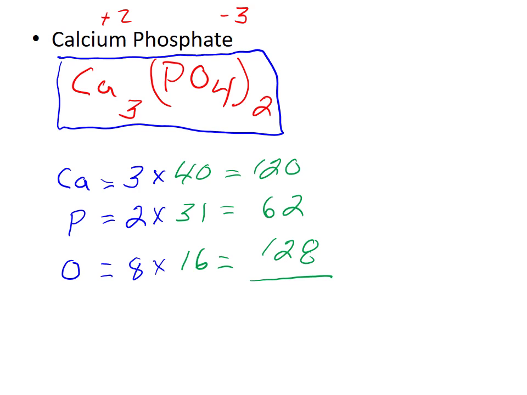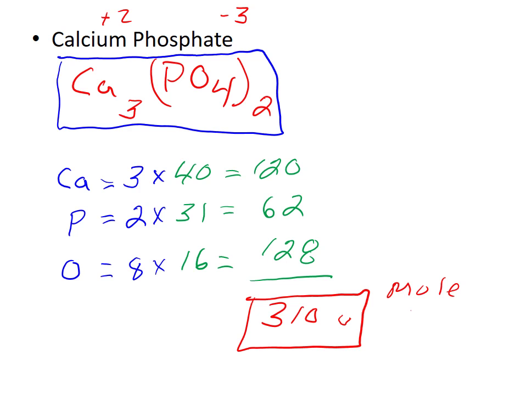Again, calculators come in real handy. And I should have 310. Unit is atomic mass unit, a little u, and my answer. That's the molecular mass here. We call that the mole mass of the compound calcium phosphate.